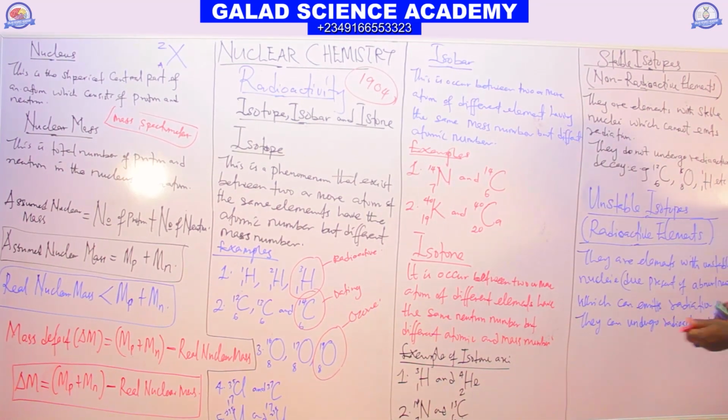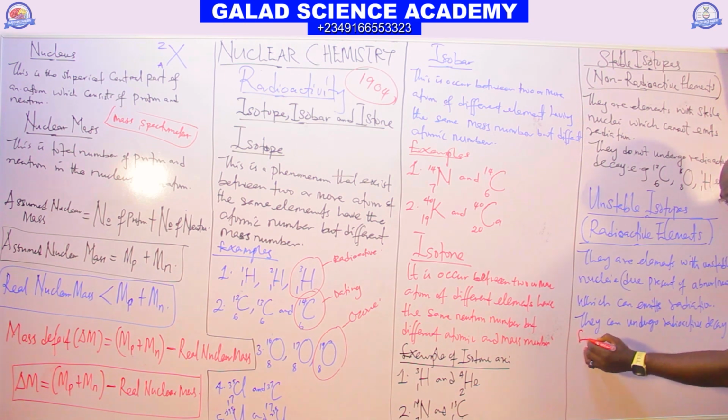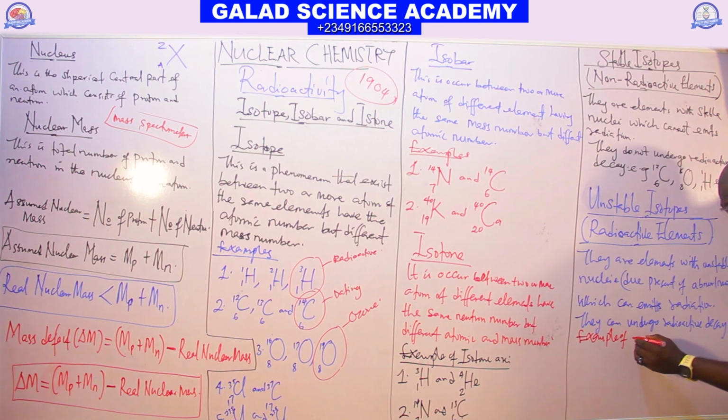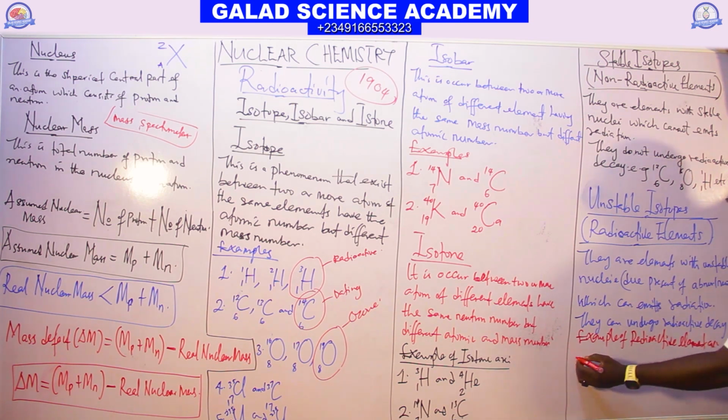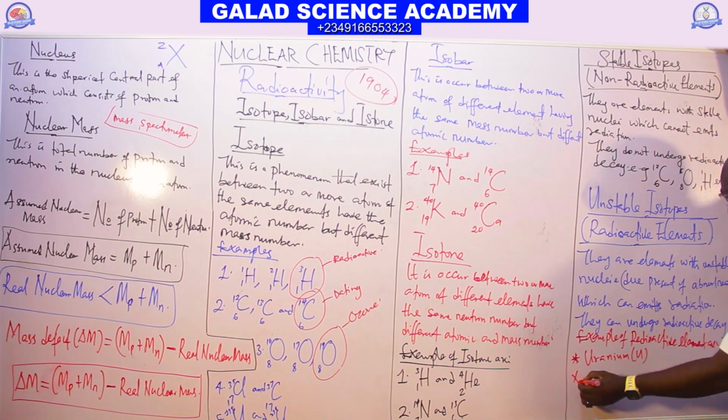Examples of radioactive elements are: one, we have uranium, which is U. We have radium, which is Ra.